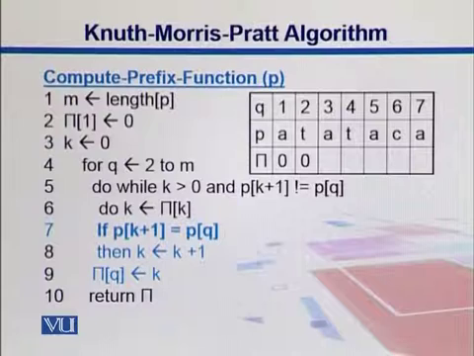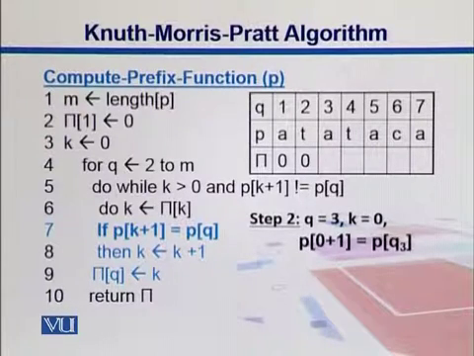Then we move to the second step. Since k is equal to 0, we won't go there, and we go to steps 5 and 6. Now we look into P of k plus 1. In the previous step k was 0, so 0 plus 1 is P of 1. And q is incremented in this for loop, so now q is equal to 3.